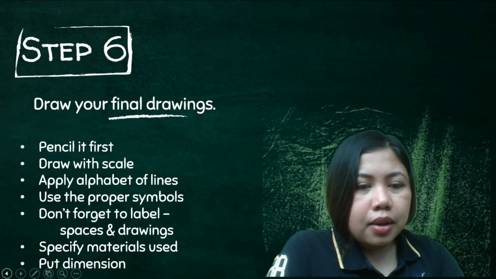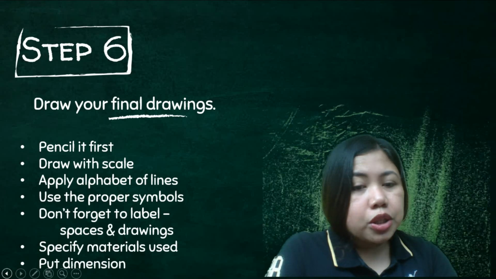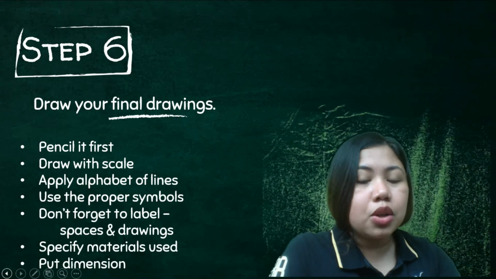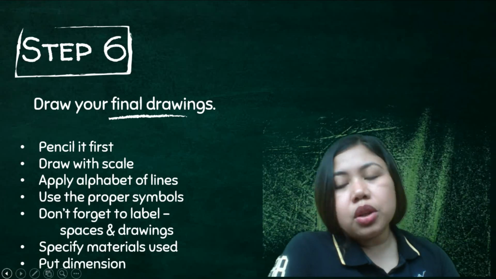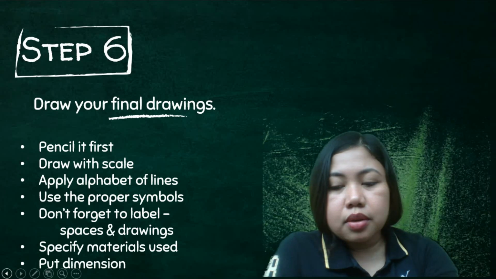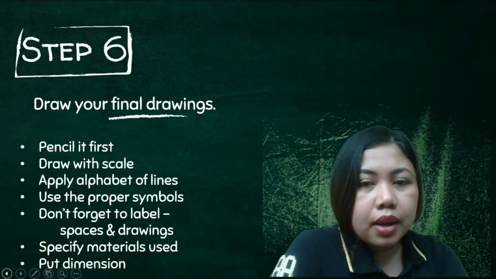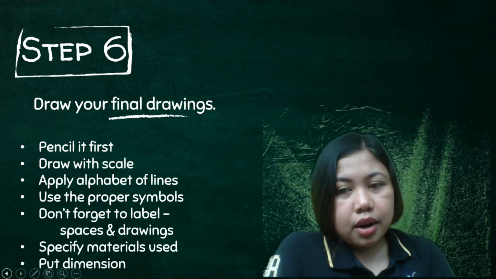Okay, so don't forget to label your spaces and drawings. You specify your materials used, and you put dimensions. You complete the dimensions. Okay, because in that way, the reader could understand your work.